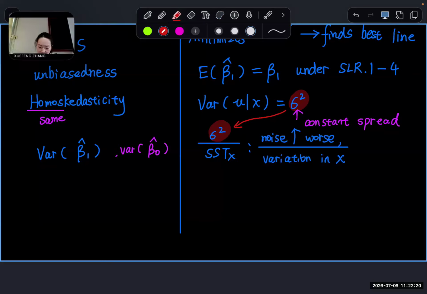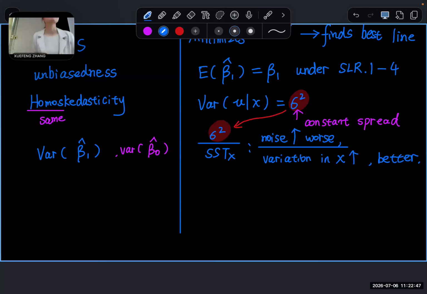And let me write it down and then I'll explain to you. Okay, guys, the variance you learned from statistics means the spread of our estimate, okay?